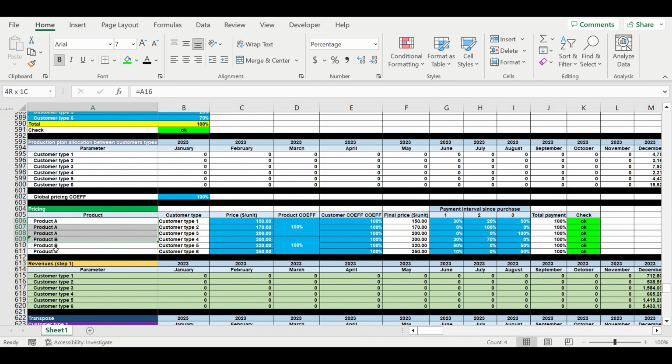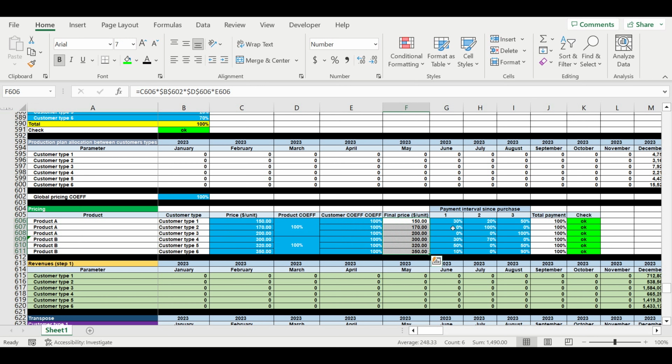So these are products, these are customer types inside products, these are different prices for different types of customers for different products. So here we have a global coefficient for price for product A, a global coefficient for price for product B, local coefficients for each customer type. So these are final prices.